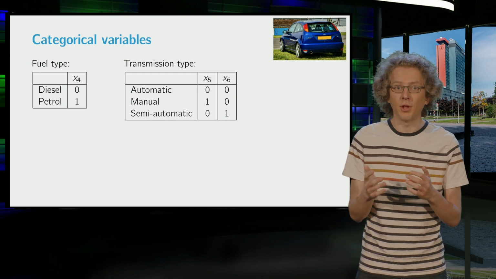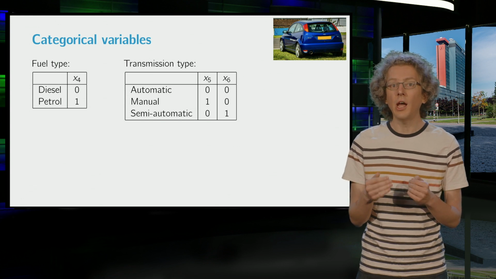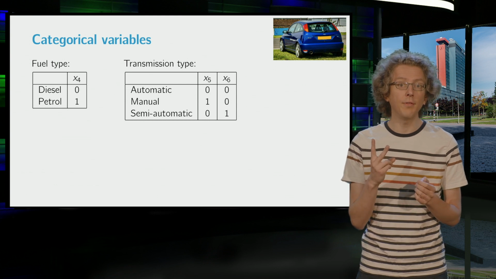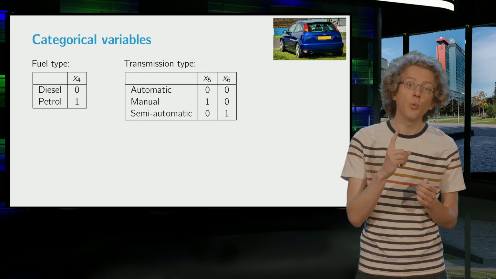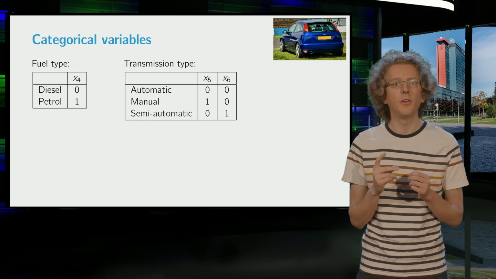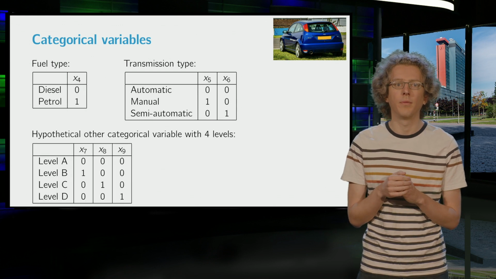In our example, for the transmission variable, we had 3 possible outcomes, also called levels, and we needed 2 dummy variables. And for the fuel type, we had 2 levels, diesel and petrol, and we needed 1 dummy variable. Well, you always need 1 fewer dummy variable than the number of levels for a categorical variable.